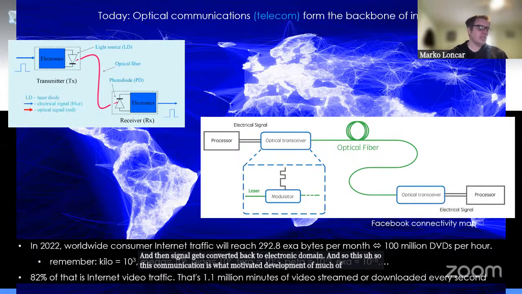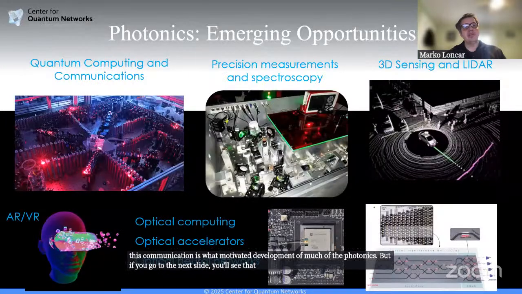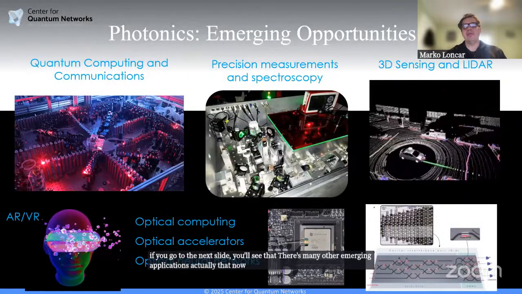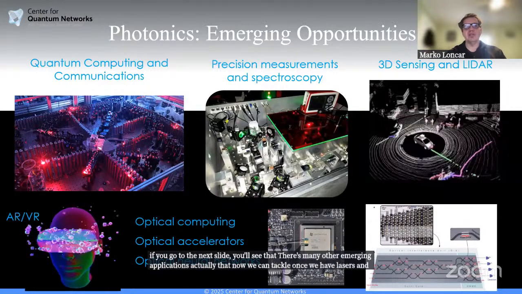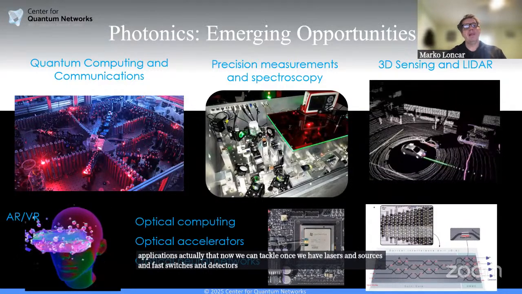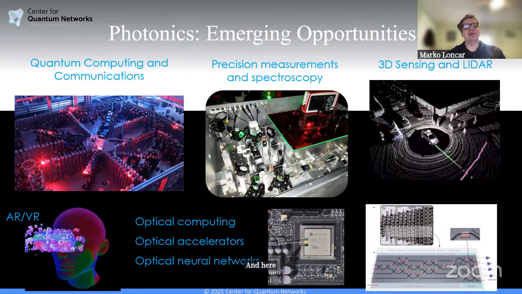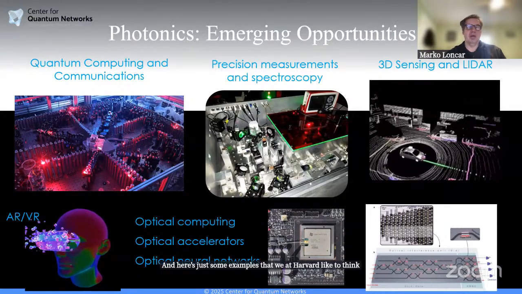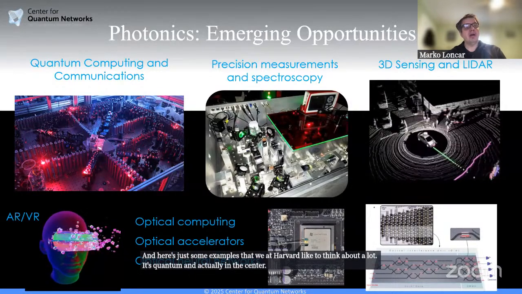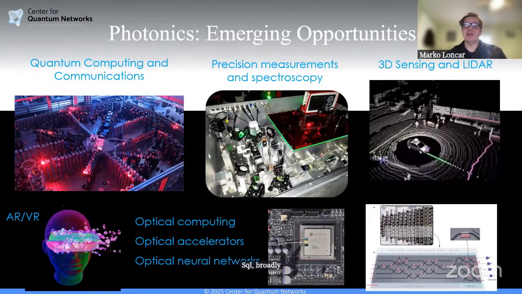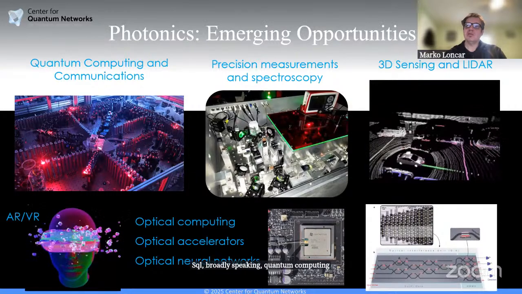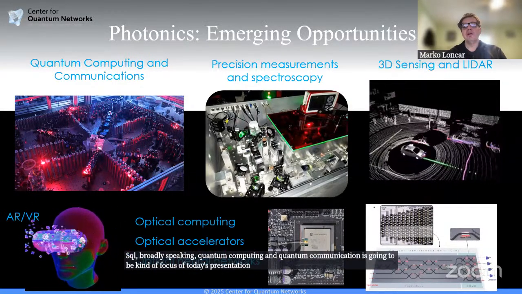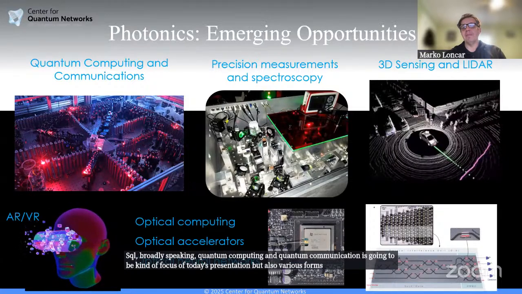But if you go to the next slide, you'll see that there are many other emerging applications that we can now tackle once we have lasers and sources and fast switches and detectors and all that stuff. Here are just some examples that we at Harvard like to think about a lot. Quantum communication, and actually in the center, in CQN, broadly speaking, quantum computing and quantum communication is going to be the focus of today's presentation, but also various forms of sensing.